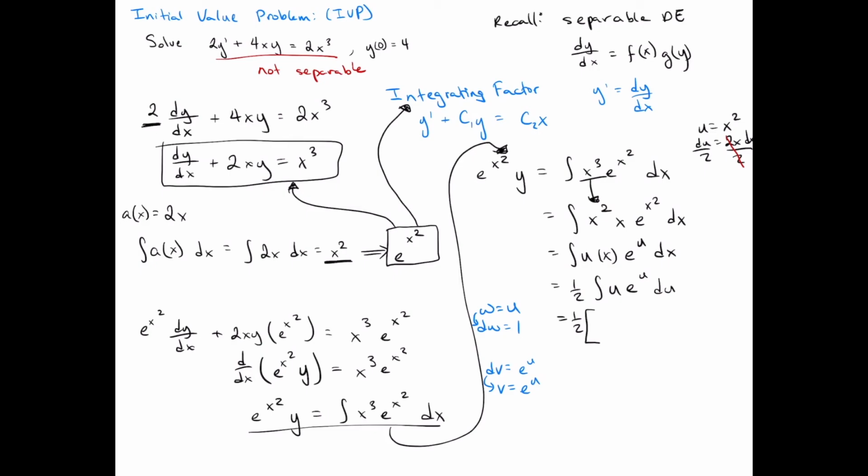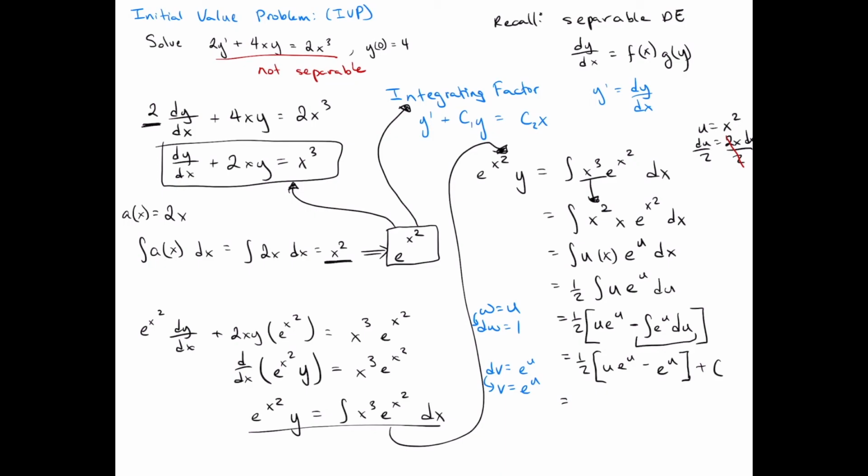So by integrating by parts, we get u times e to the u power minus the integral of e to the u power du, and then we can integrate this part, so we get u times e to the u power minus e to the u, and then because we're dealing with the indefinite integral, we have the plus c constant.